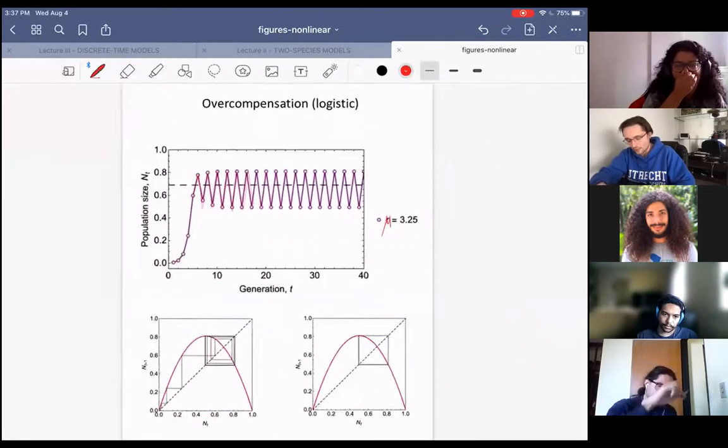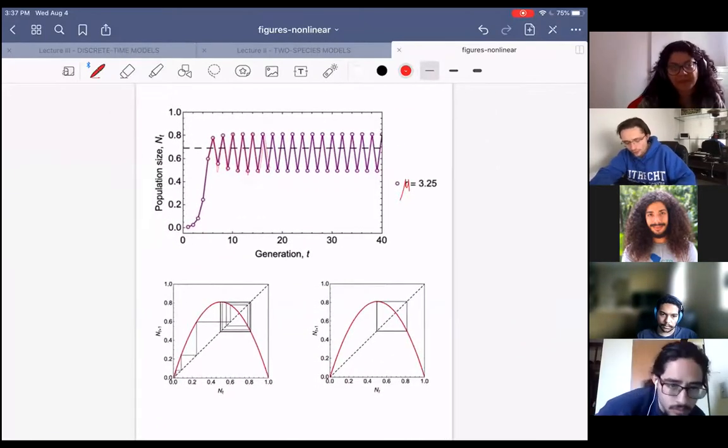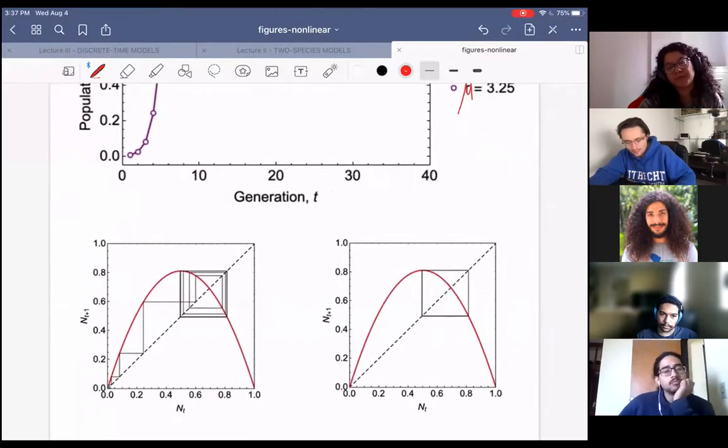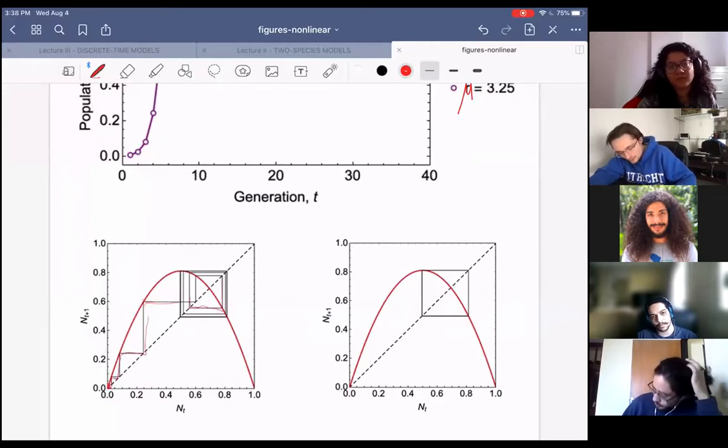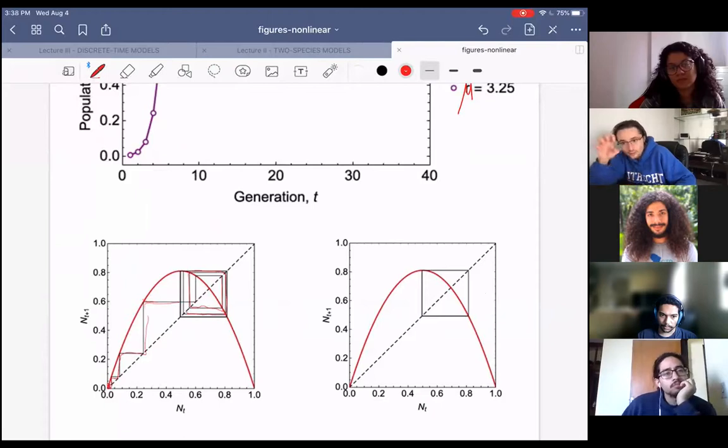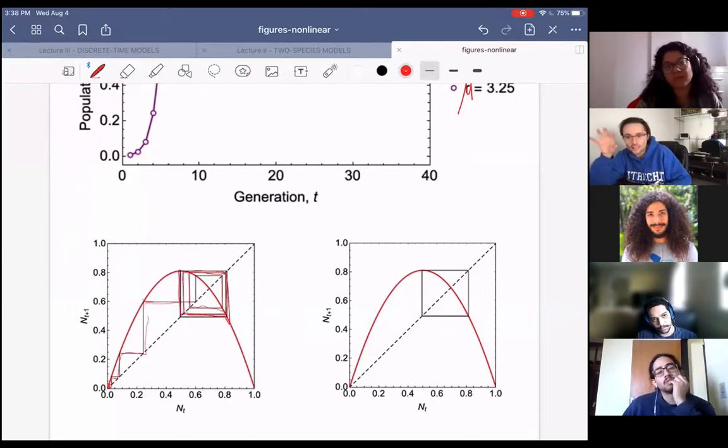What does it mean? It means if I do my cobweb analysis, I will start also from a very small population. I will do the same stairs up to my fixed point, but then eventually these spirals or square spirals, instead of going to the fixed point, will get trapped into a square that is going to be stationary.